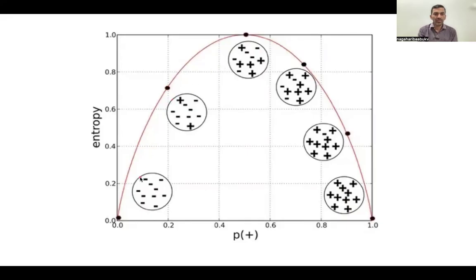Now coming down, in this case all are negative events, so the probability of getting negative is high and positive is 0, so it is also highly predictable, so entropy becomes 0.